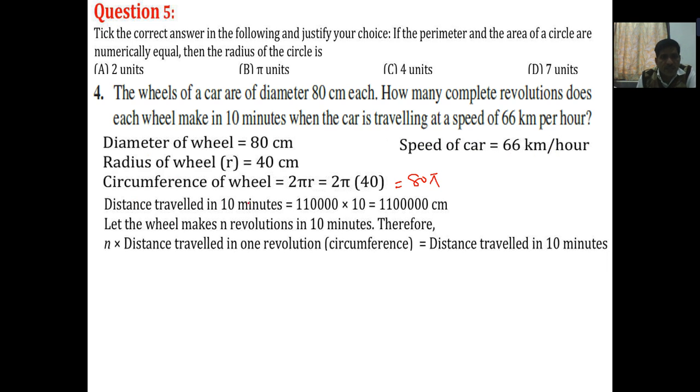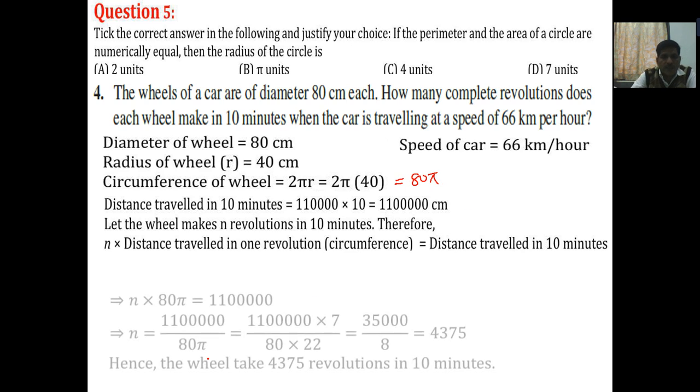So distance traveled in 10 minutes is 11 into 1000 into 100. So now number of revolutions is equal to distance traveled in 10 minutes divided by circumference, again here 80 pi.